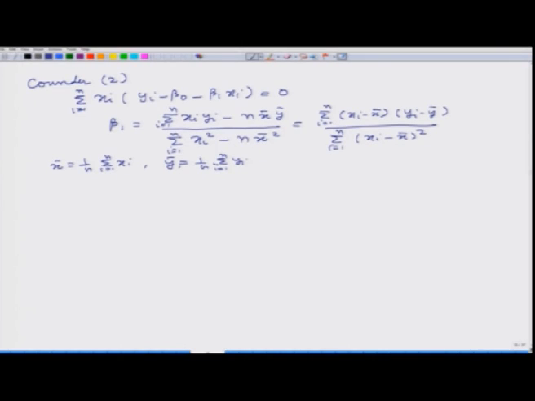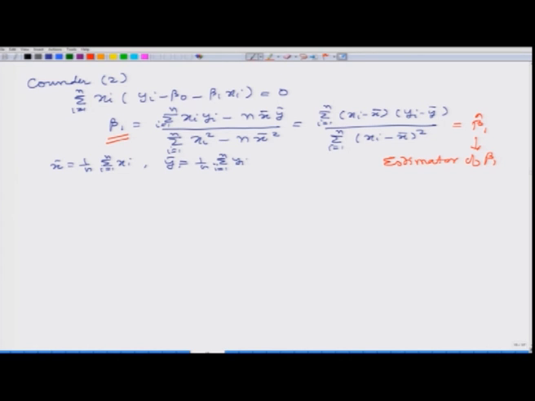But now, once I have got the observations, using those observations I can find out the value of beta 1. So, this I take as an estimator of beta 1.